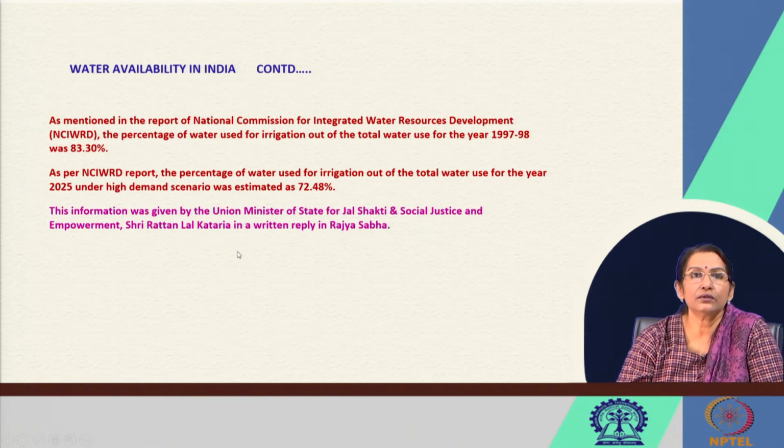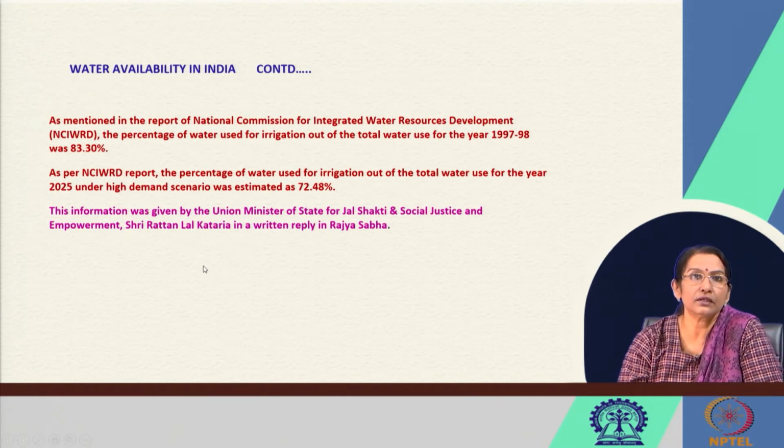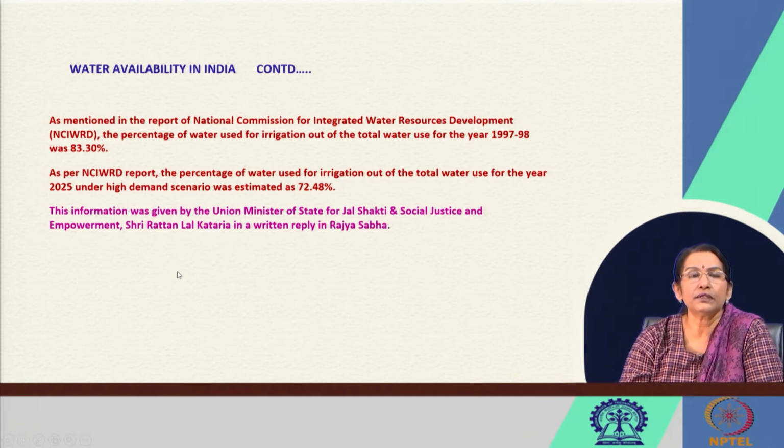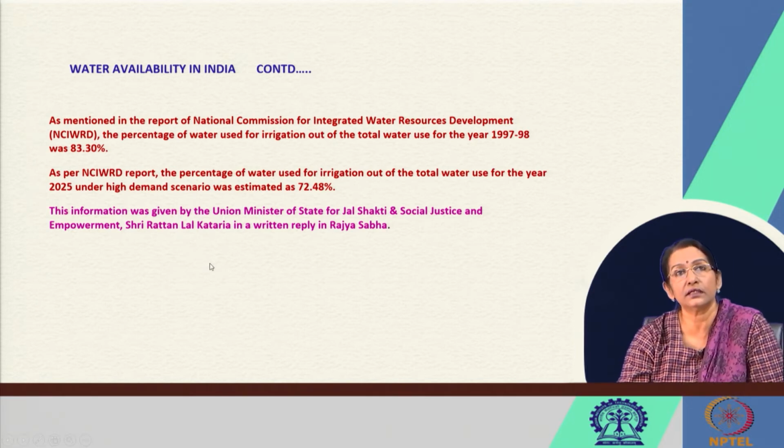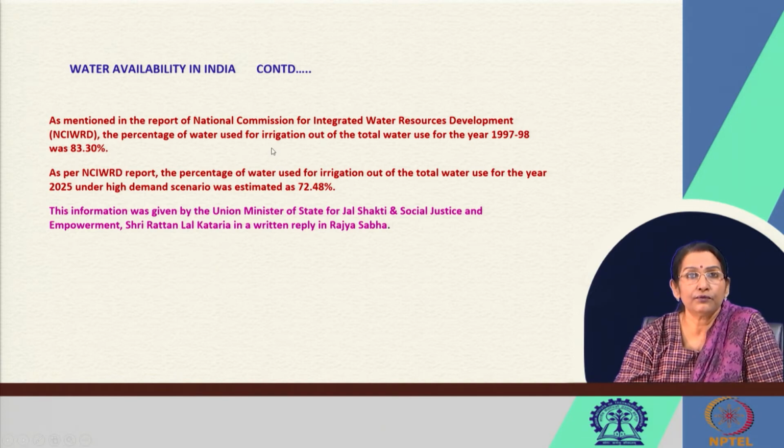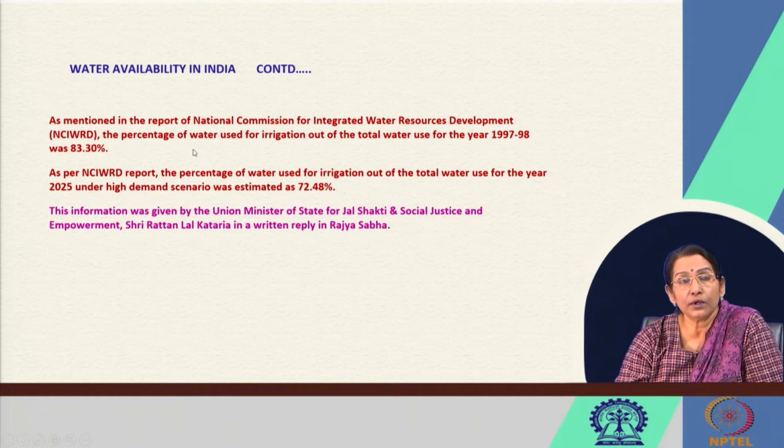Similarly, according to the National Commission of Integrated Water Resource Development, the percentage of water used for irrigation matters because we need water not only for household purposes but for agricultural irrigation, even in the factories, even in the business houses, everywhere water is essential. A major percentage is used for irrigation.